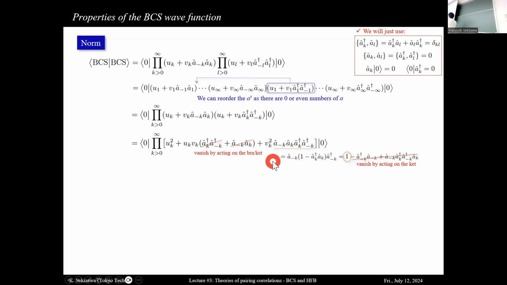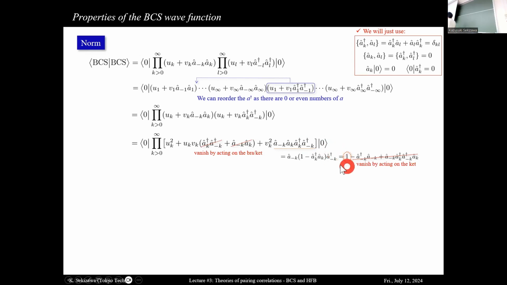And if you use these anti-commutation relations, since those are the same k and minus k, you can find these equations. When you interchange ak and ak dagger, it generates 1 minus ak dagger ak, as you know. Then we just expanded these terms, so there appears this factor 1 here. This A A dagger corresponds to this result.